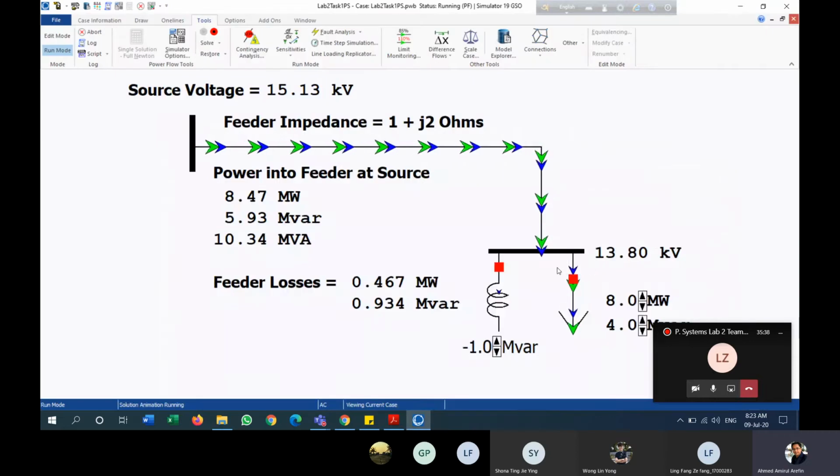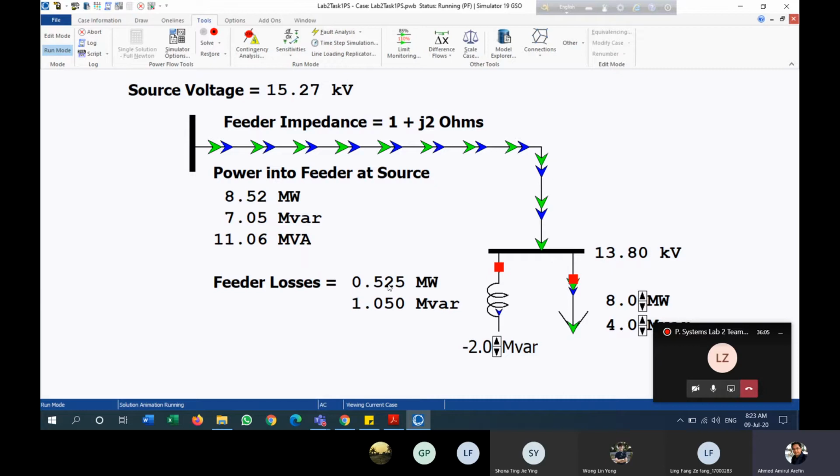Once you want to control the sending end voltage, by changing the shunt reactor value, you can control the sending end voltage.